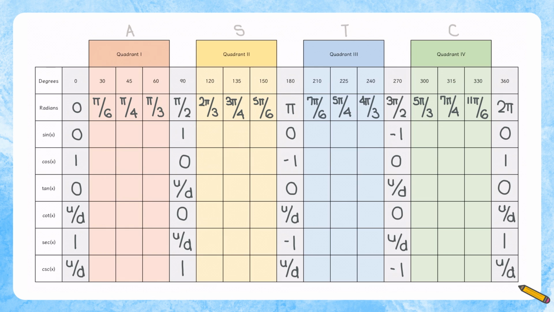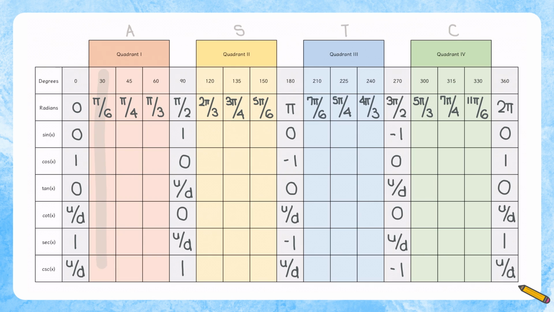And then lastly, in quadrant 4, only cosine and secant values would be positive. So ASTC, All Students Take Calculus, is a good way to remember which trig values would be positive in each quadrant.